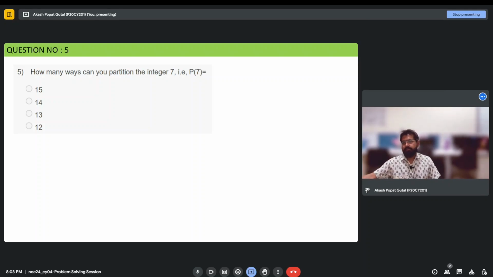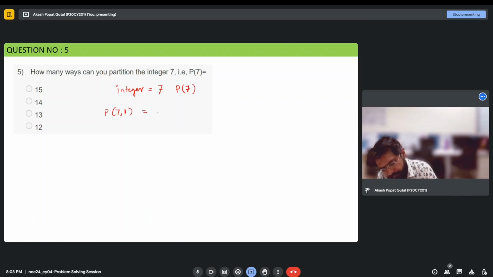So we are given the integer 7, and we need to find out what the partitions of 7 are. Let's try. P(7,1), only one element, so 7 itself is one partition.